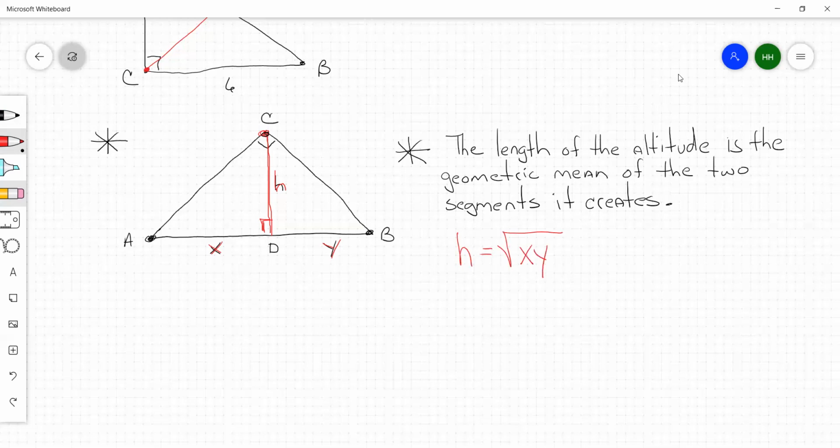In all right triangles. Super important theorem. The altitude is the geometric mean of the two segments it creates. The length of this altitude is equal to the square root of this segment times this segment in all right triangles.